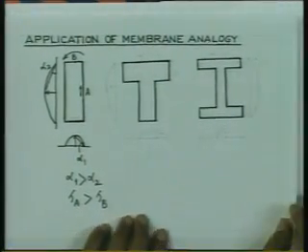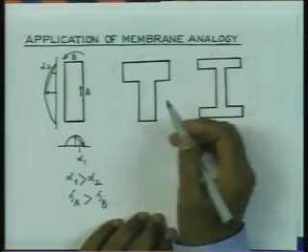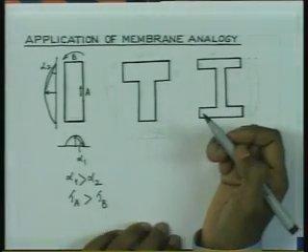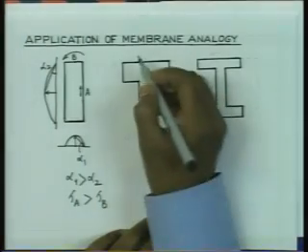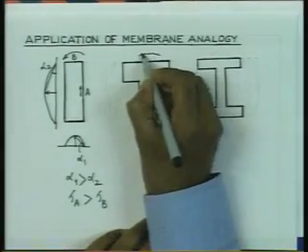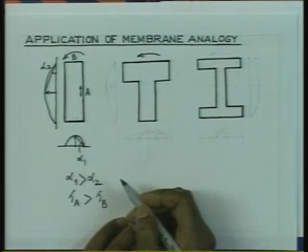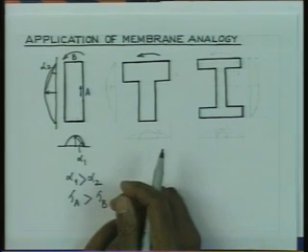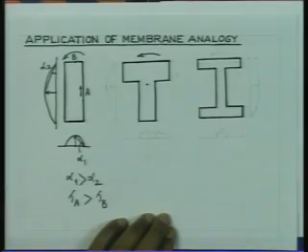Now, concentrate on a cross section like this. So, if you have the T cross section, imagine that the membrane is deflecting, we have the torque direction like this. So, where do you expect the highest deflection of the membrane to occur? Obviously, it is going to be somewhere over here.